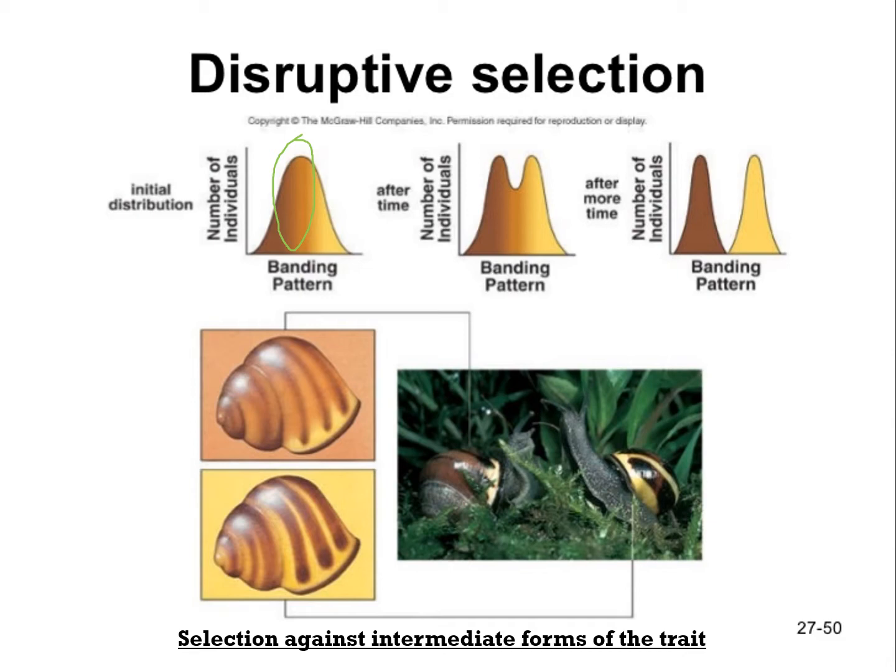So individuals with the middle banding pattern are more likely to die, less likely to survive and reproduce, which results in an increase in the extremes and also kind of a split in the population. So you see this gap here after a lot of time has passed as the population splits in half.